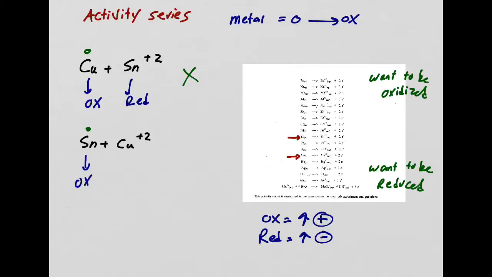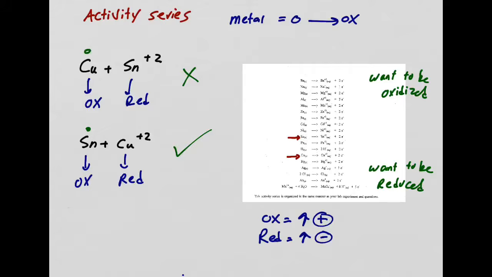Now copper over here is going to be my reduction, because I have a plus 2. It can get reduced to 0 or plus 1. Now tin is my oxidation. The oxidation one is higher on the activity series than the reduction one. So this reaction will be a go. So far, so good.